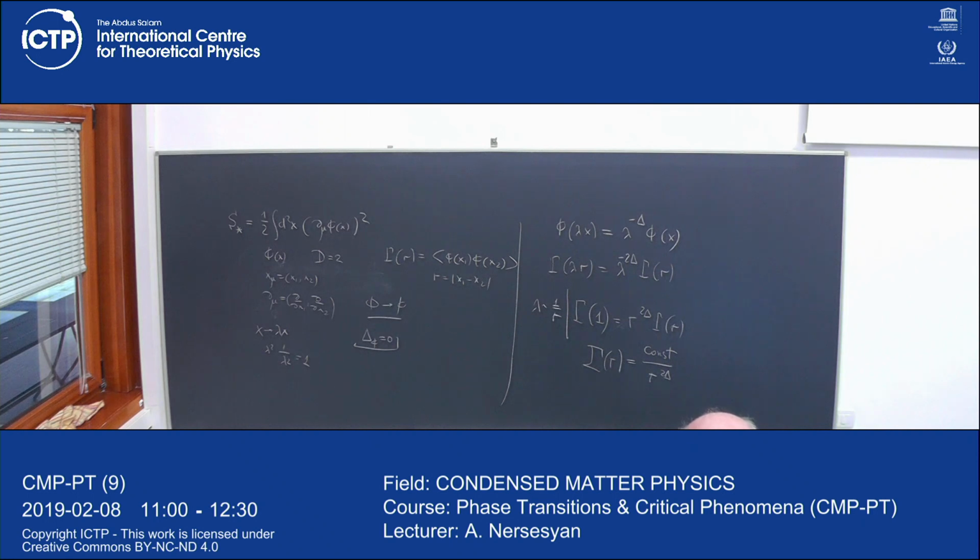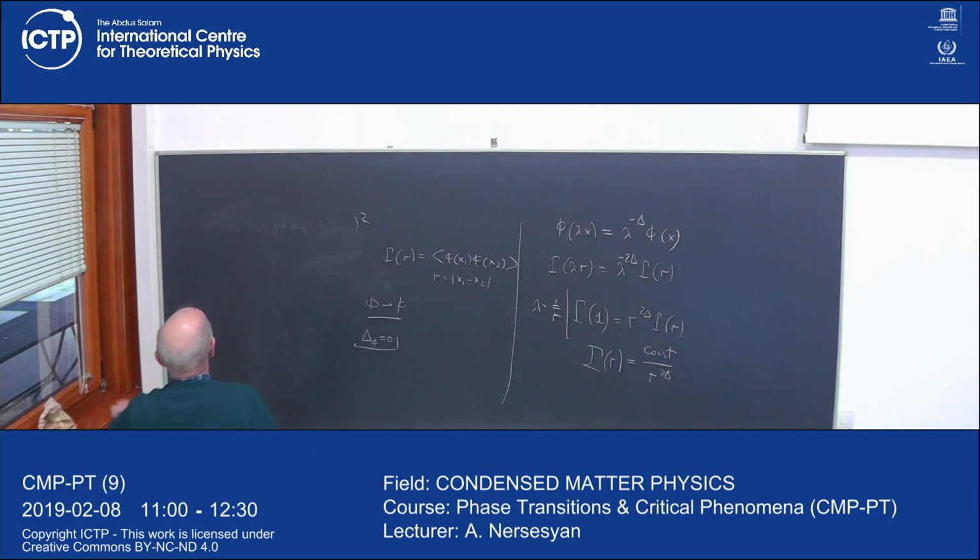So therefore, we are discussing the situation with the behavior of the correlation function, gamma of R, which is of this kind. This is all what we can do.